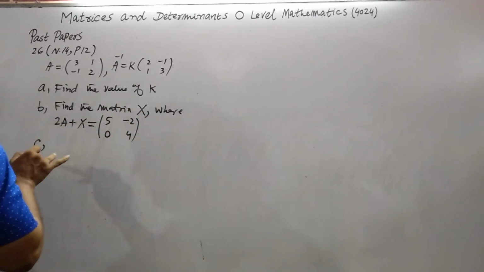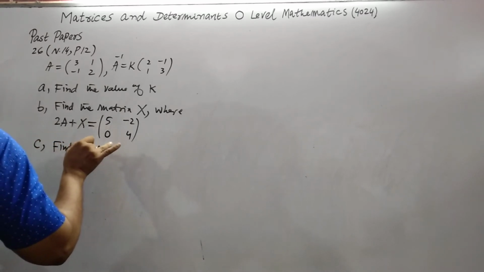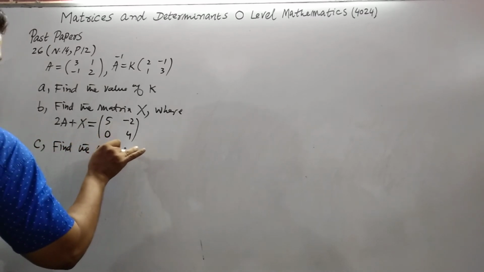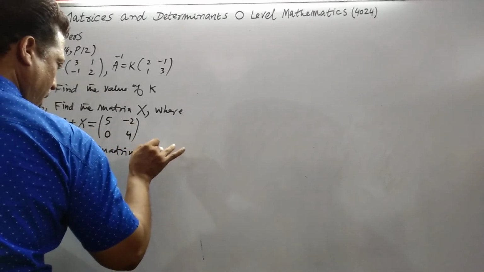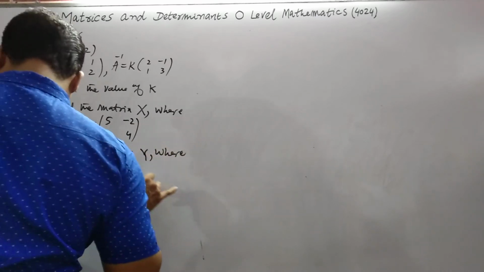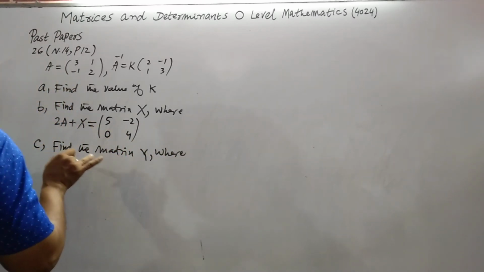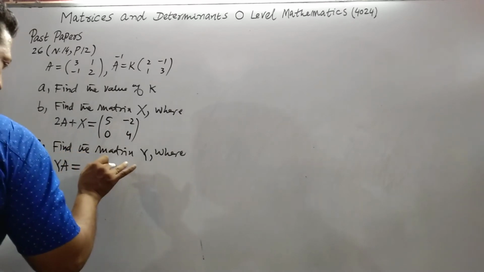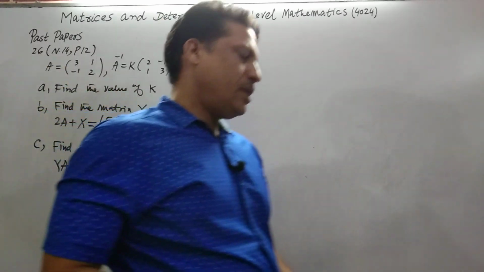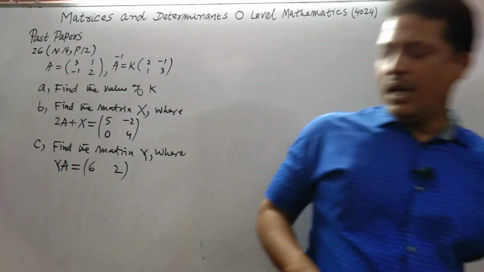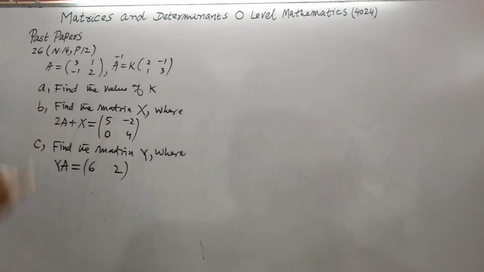And part C is: find the matrix Y where Y multiplied by A equals [6, 2]. This question came in November 2014, paper 1, variant 2.